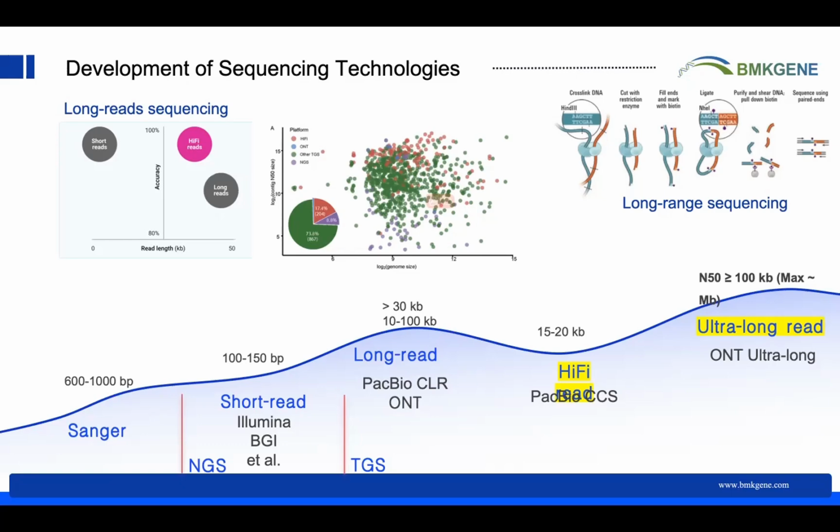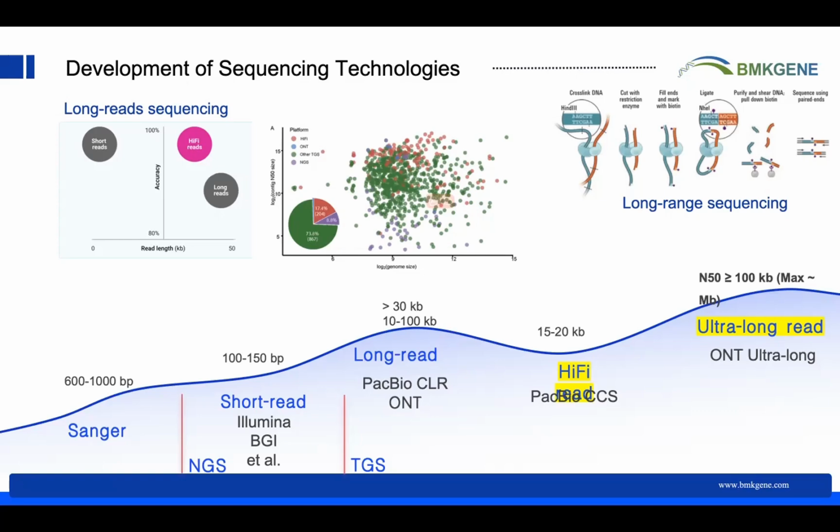But the disadvantage of this technology is that it has very low accuracy. So for assembly using this method, we also need high accuracy short read sequencing data to correct or polish the assembled genome to a higher level. So it's very hard work to do the assemblies, but the cost is relatively lower than HiFi or other next generation technologies.